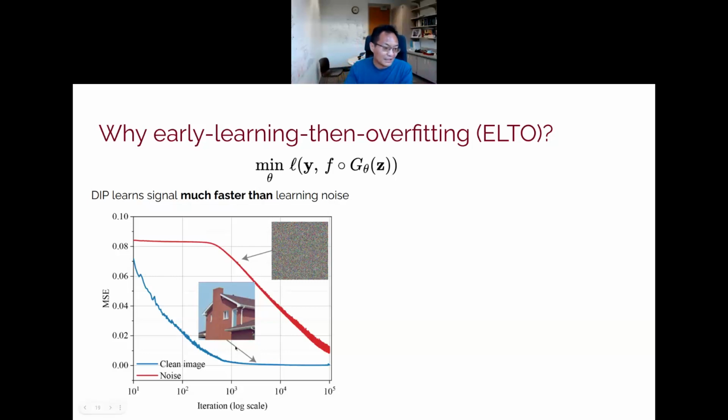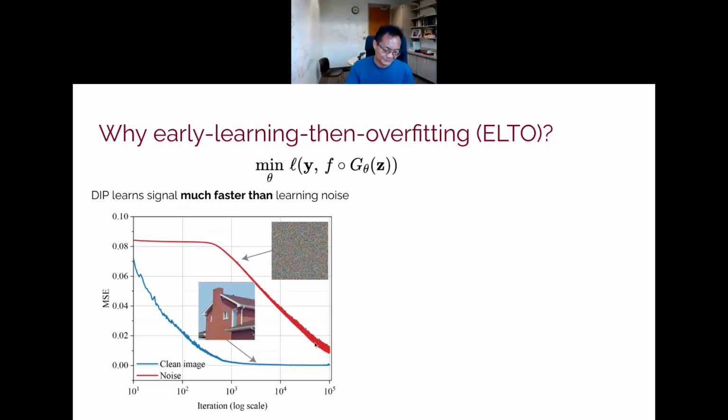If you look at the optimization trajectory, you see this typical trend. How to interpret this? It says that if we parameterize this as a neural network, especially a convolutional network, it learns natural images way faster than it learns noise.